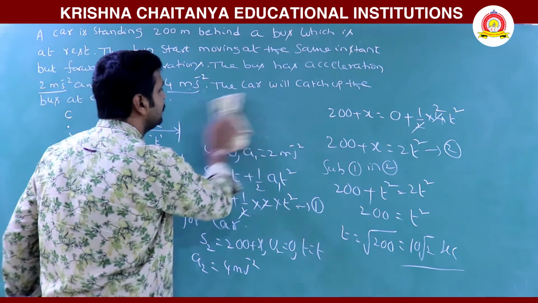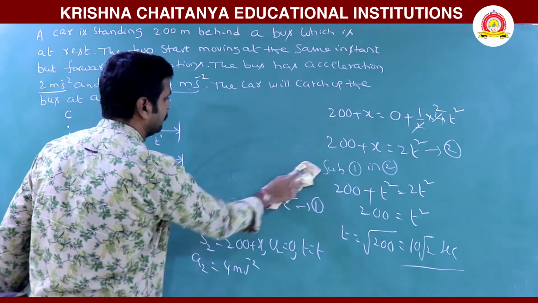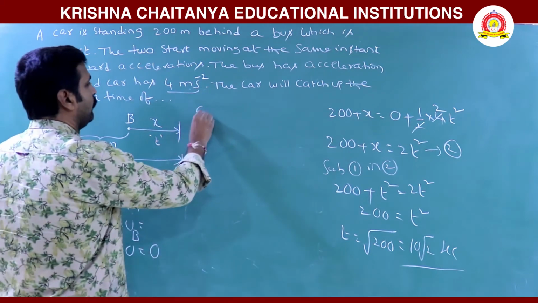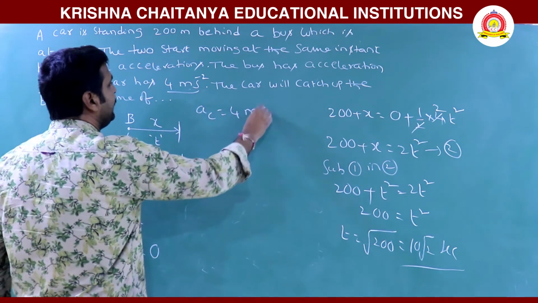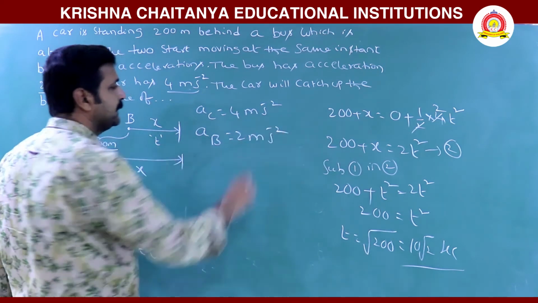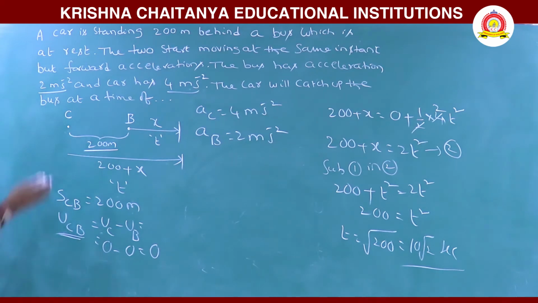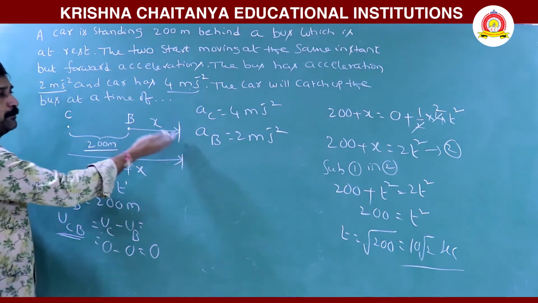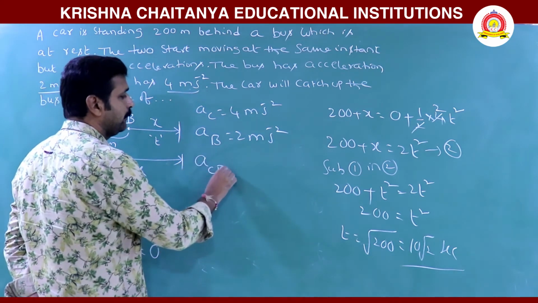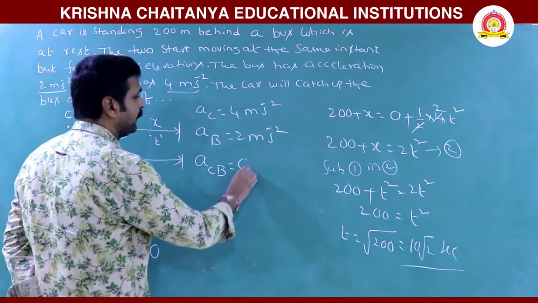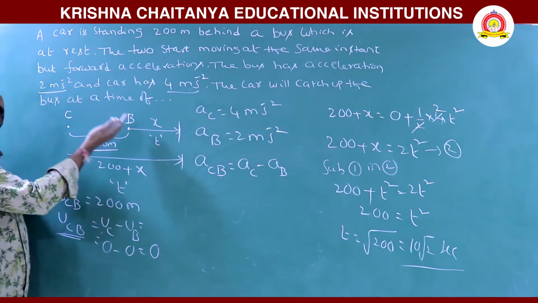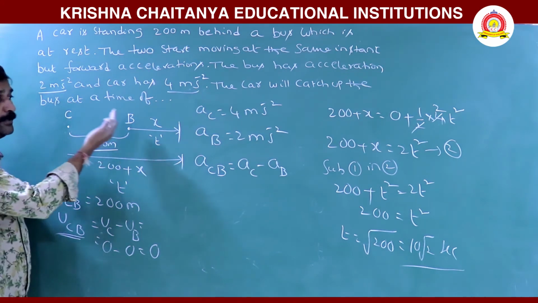Now since this relative displacement is to be covered, what are the accelerations here? For the car it is 4 m/s squared. For the bus it is 2 m/s squared. Now when the car has to overtake the bus, the relative acceleration ACB is AC minus AB.